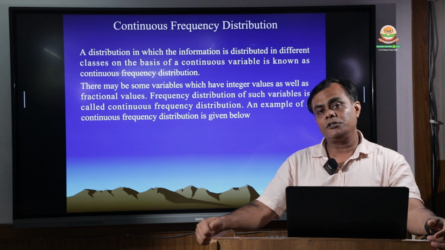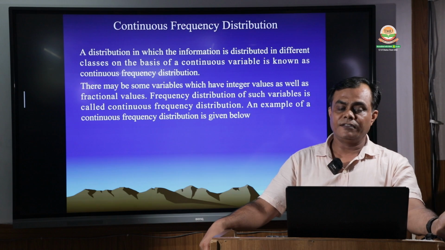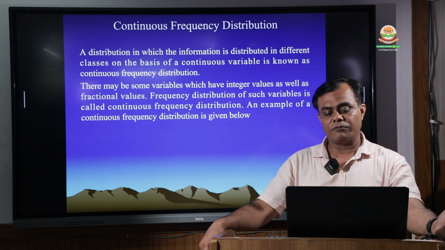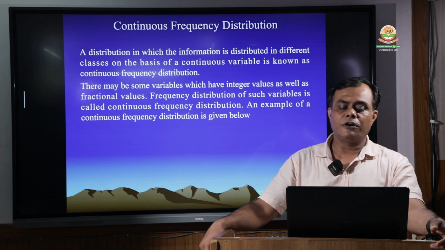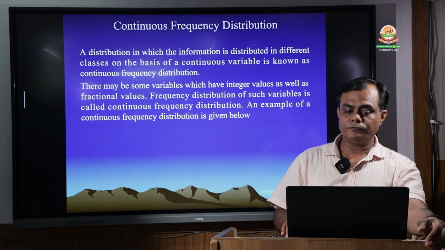But if we cannot use such values, it is called a discrete frequency distribution. Like in the example of a continuous frequency distribution given below.